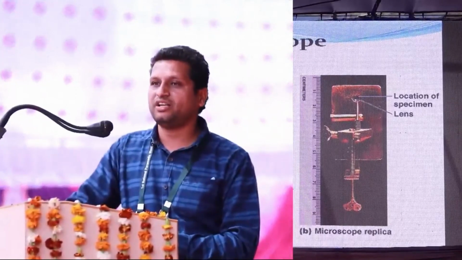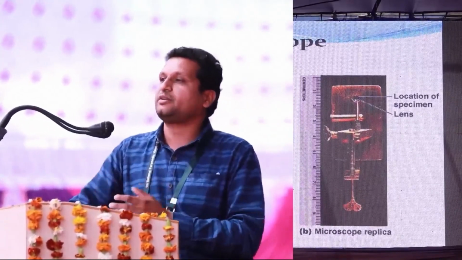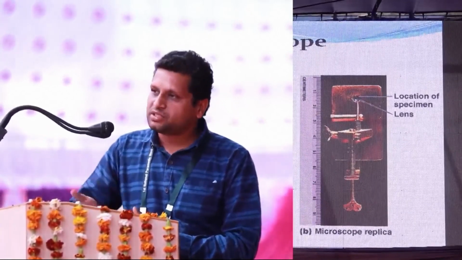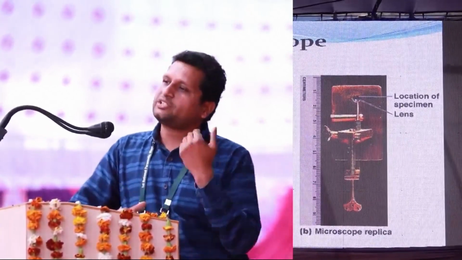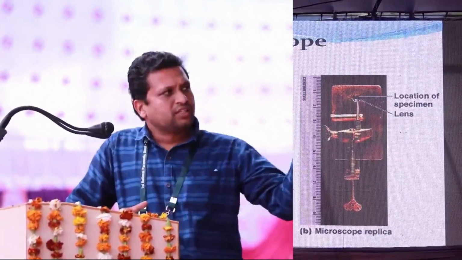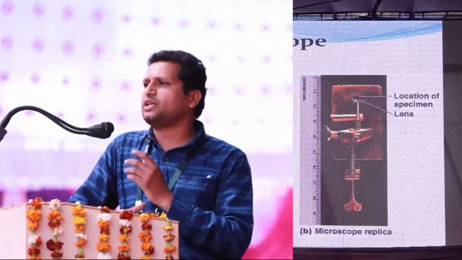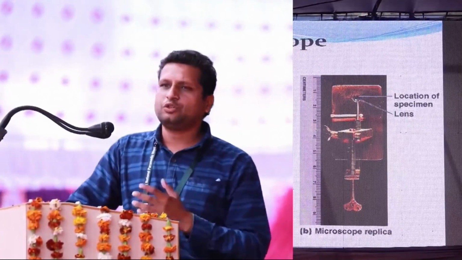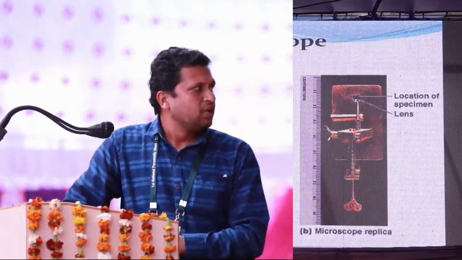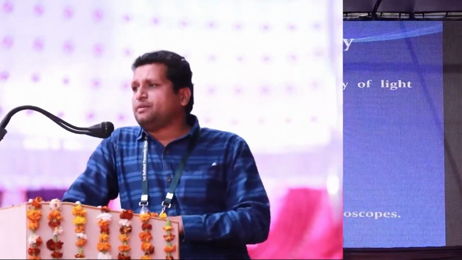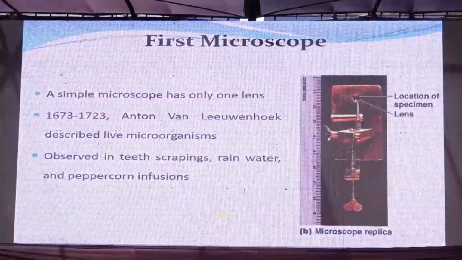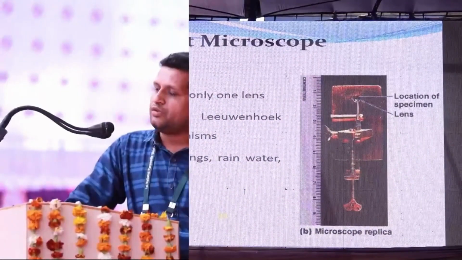And nowadays, we have sophisticated microscopes in our lab, but still we fail to get the best out of them. This microscope is of a single lens, like the magnifying glass that we use. At that time, he observed tea scrapings, rainwater, peppercorn infusions.